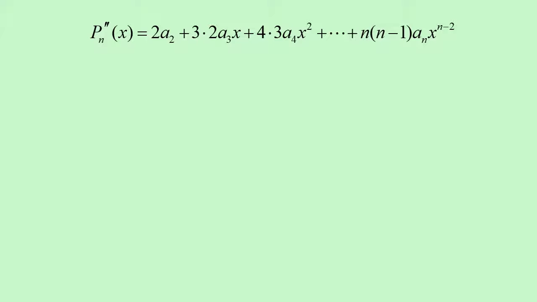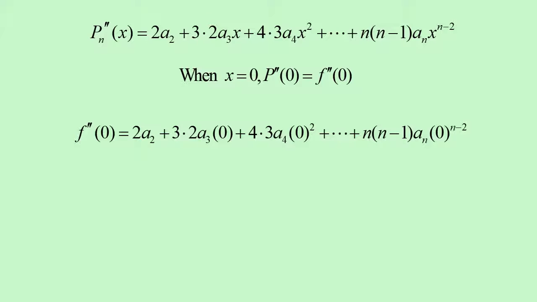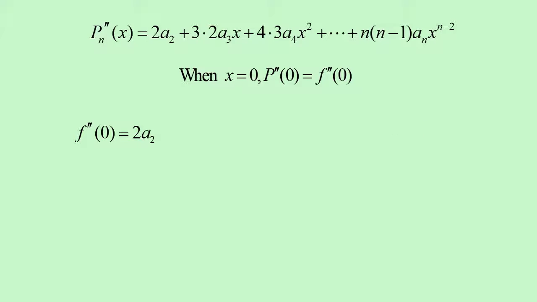Now here it starts changing a little bit. Notice when we use a 0 for x, every term cancels except for the first one. Now if f double prime is equal to 2 times a sub 2, then a sub 2 has to be f double prime divided by 2.